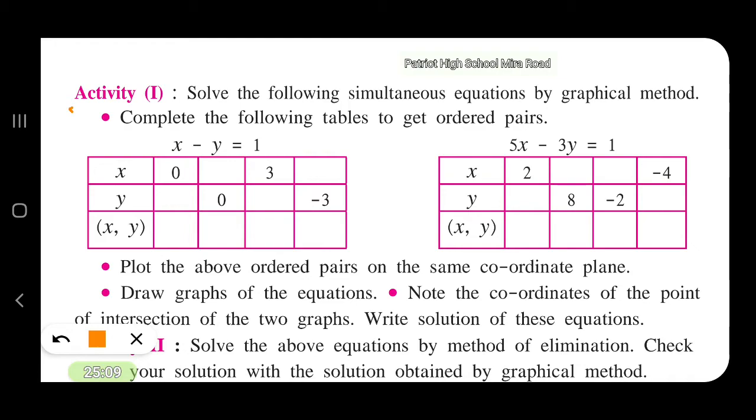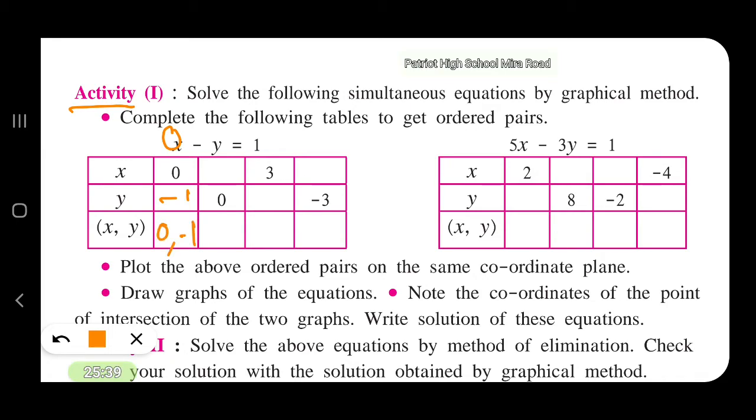Activity 1. Solve the following simultaneous equations by graphical method. Complete the following tables to get ordered pairs. So we need to get the ordered pairs over here, here, here, here and here. So let us try to solve it. If we put x is equal to 0, then 0 minus y is equal to 1, or y is equal to minus 1. So the ordered pair is 0 and minus 1.